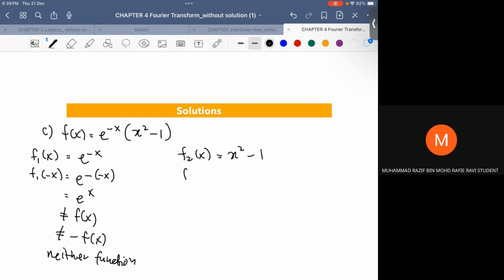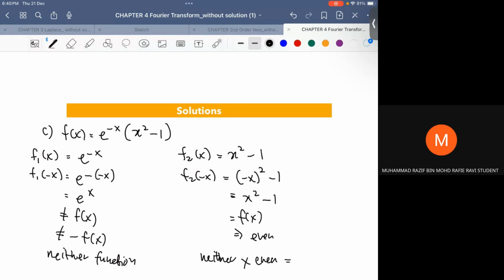Let's substitute with negative x. So we get negative x squared minus 1, which is just x squared minus 1. And this is equal to f(x). So this is even function. Neither function multiply even function, we get neither function. So the result is neither function.